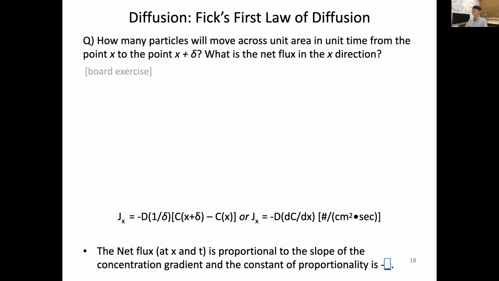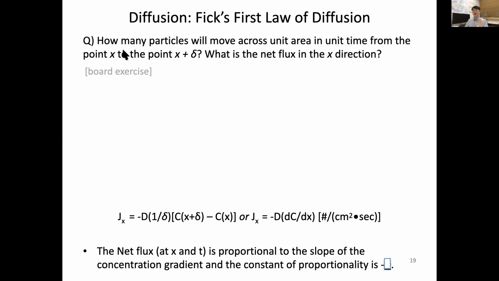So next, let's derive Fick's first law of diffusion. That will be based on the question of how many particles will move across a unit area in unit time, that's a flux, from the point X to the point X plus delta.